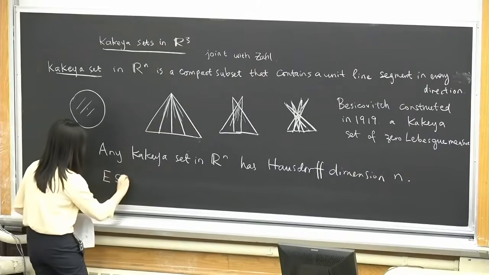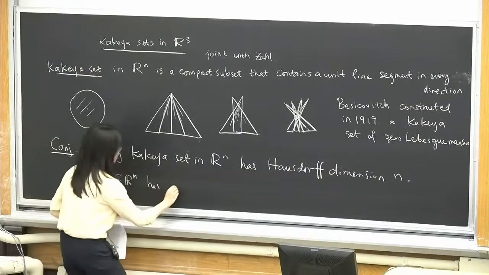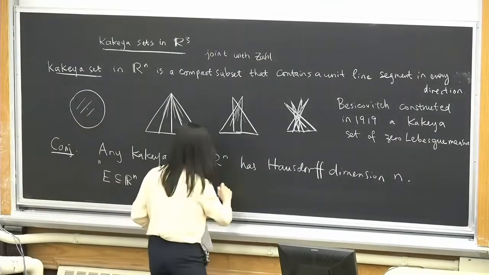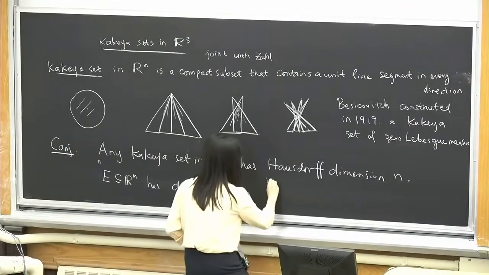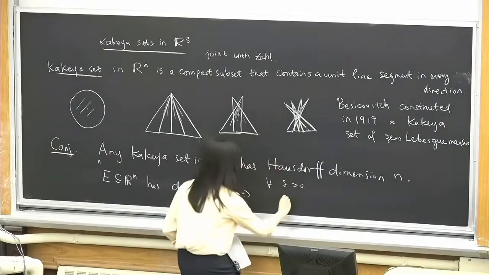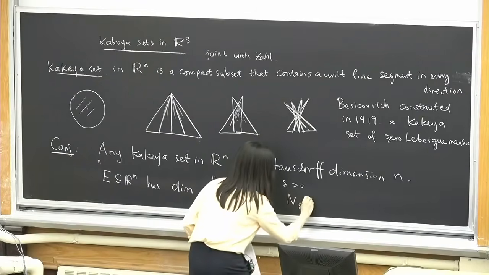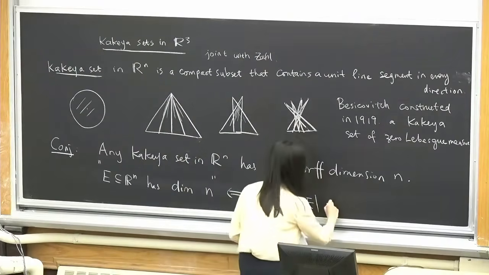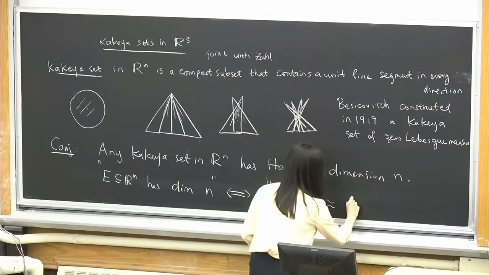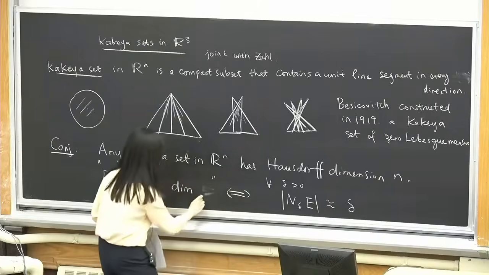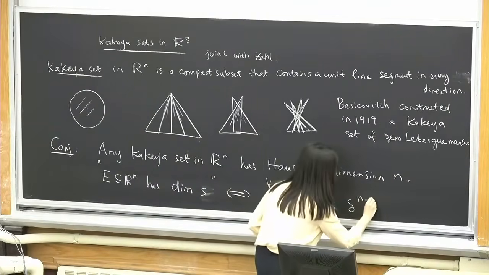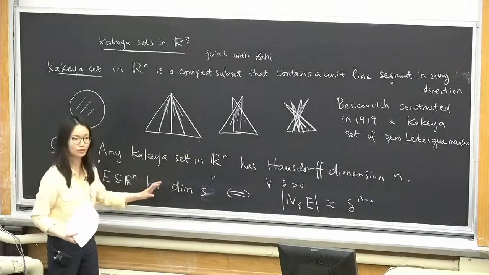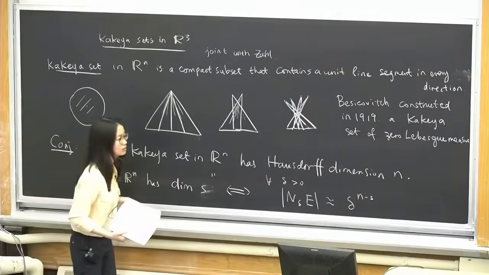So E in Rn has dimension n, and this is in big quotation marks, is equivalent to saying that for any small delta that goes to 0, if we take the delta neighborhood of E, the measure is, let's say dimension S, approximately delta to the n minus S. Again, this is not rigorous at all, but let's use this to serve as an intuition.